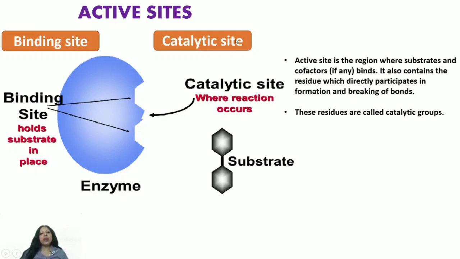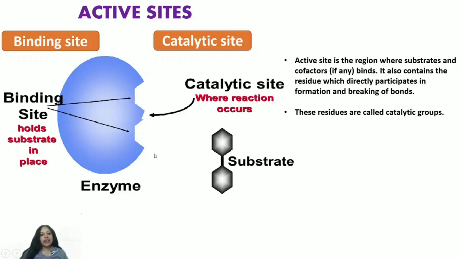And this small site is known as the active site of enzymes, right? So active site is a region where the substrate binds along with cofactors, if any, and it also contains the residue which directly participates in formation and breaking of bonds, right?